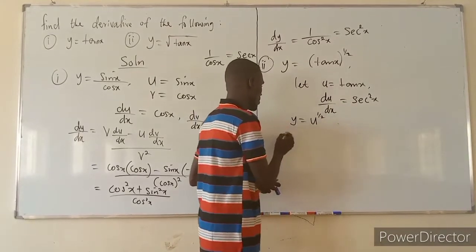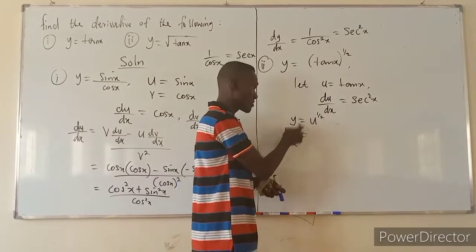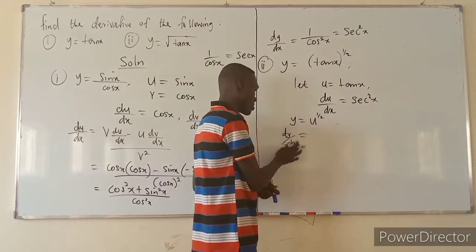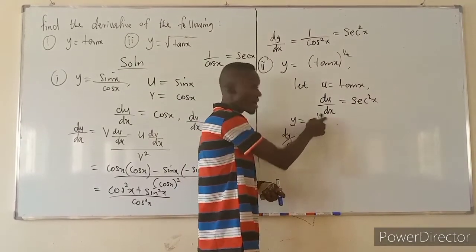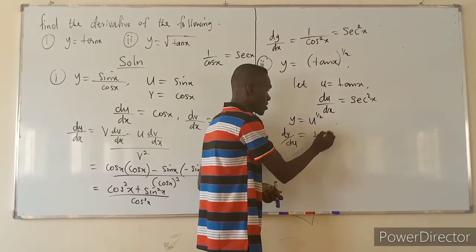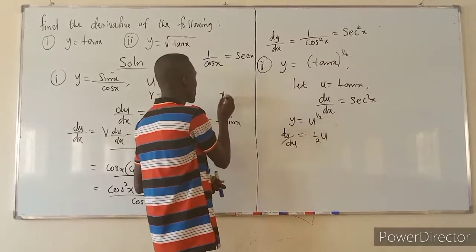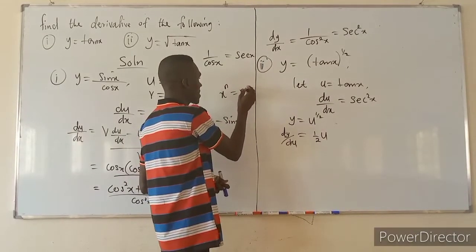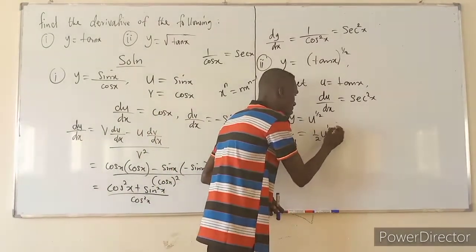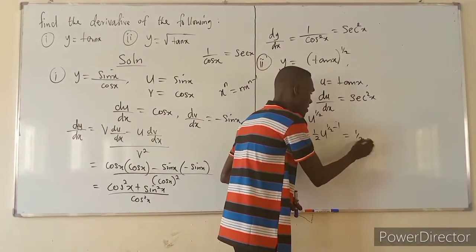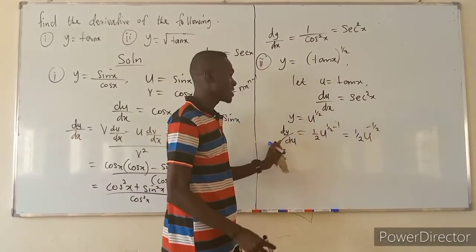Sorry, I'm supposed to say dy over dx, sorry, it shouldn't be dx because I'm differentiating in respect to u, so it should be dy du equals, bring down the power, which is 1 over 2, u, we bring it back, remove 1 from the power, because recall the rule says x raised to power n is equals n x raised to power n minus 1. Then I'm having half minus 1, which is equals 1 over 2 u raised to power minus 1 over 2. So this is our dy du.